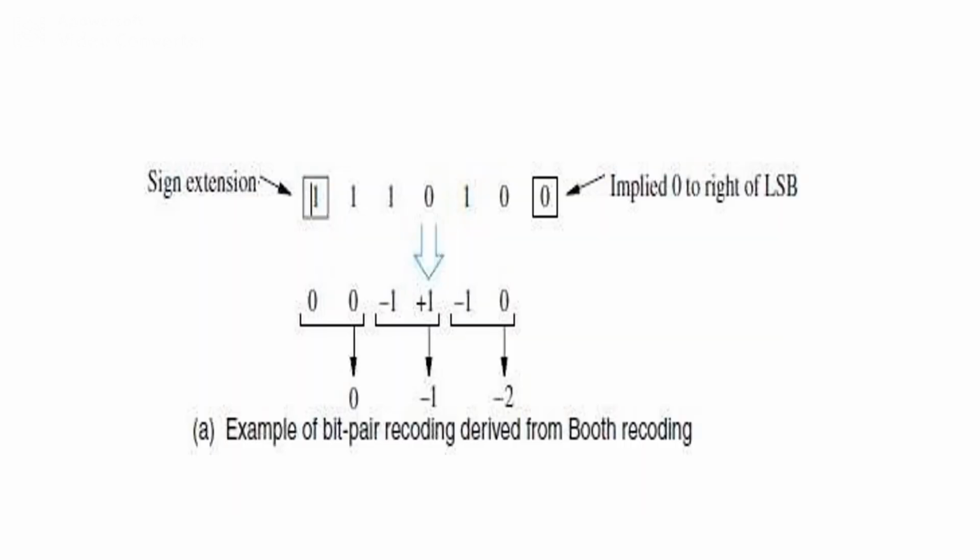While computing the Booth recoded bits, initially we have to go for sign extension. If the sign of the number is minus, that is 1, extend the sign bit as 1 itself, and add an implied 0 to the right of the LSB.